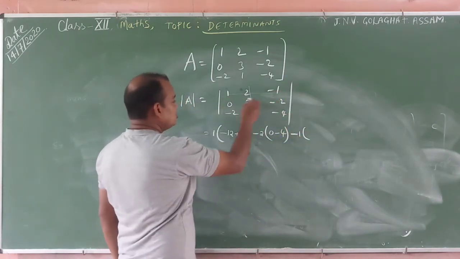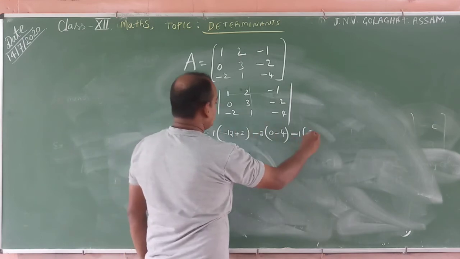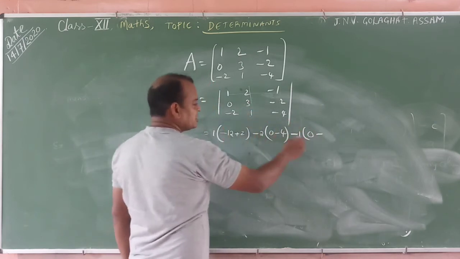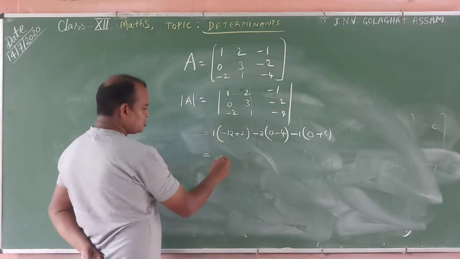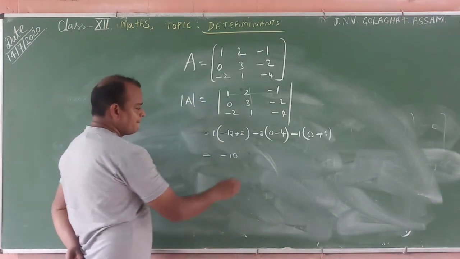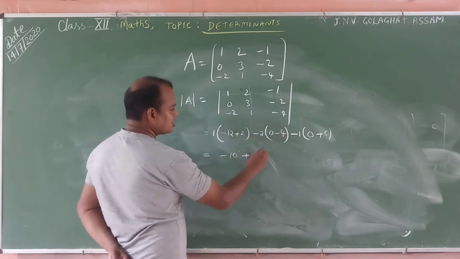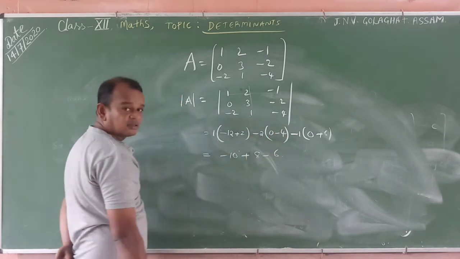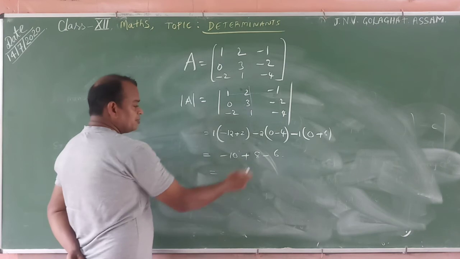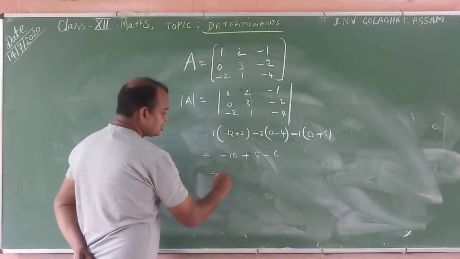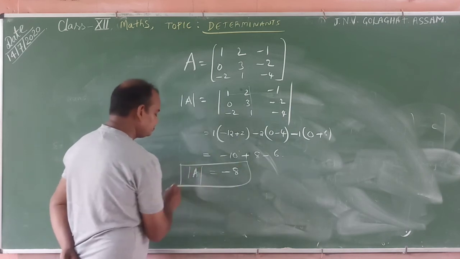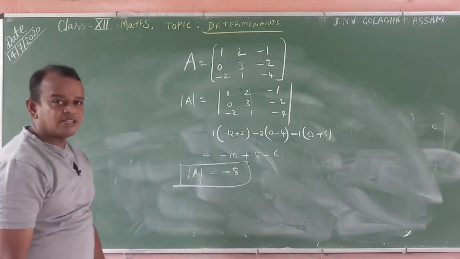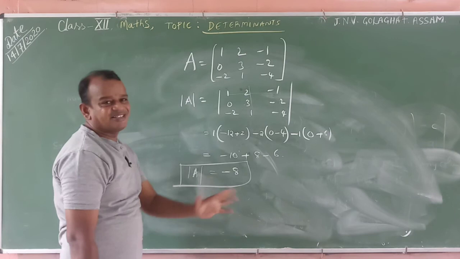Now this is 0, 3: 0 into 1, 0. Minus 3 into minus 2 means minus 6, means plus 6. Minus 2 plus 2, minus 10 plus 8, minus 6. Minus 10 plus 8 is minus 2, minus 6 is minus 8. This is the determinant of A. Determinant of A is equal to minus 8.